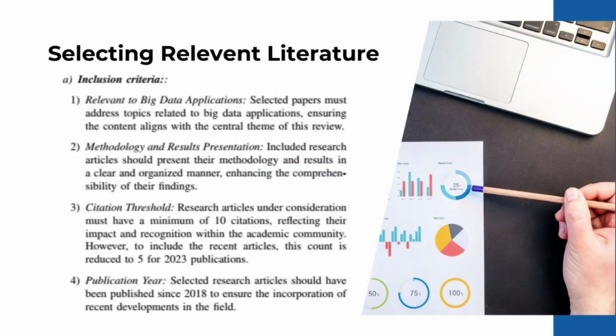For example, here you can see that I have selected the papers which are published since 2018. And if there is any other field where there are very limited papers, or it is not explored very well and massively, then definitely we can increase this period up to 10 years or any other, etc.